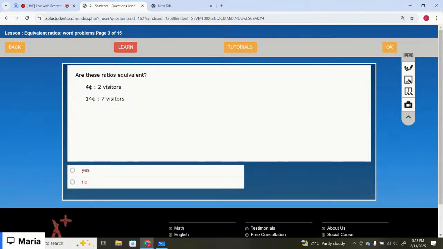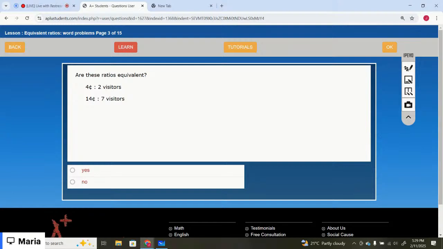Okay, 4 to 2 and 14 to 7. So which is the correct option? Yes, they are exactly equivalent.